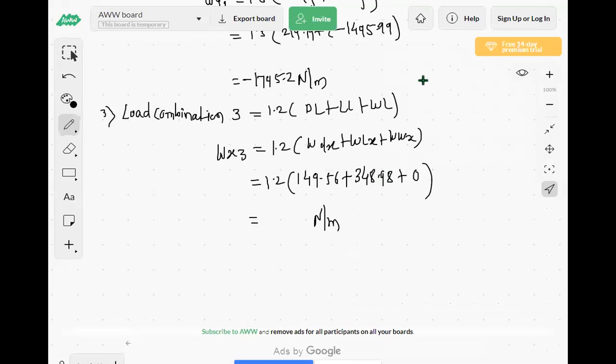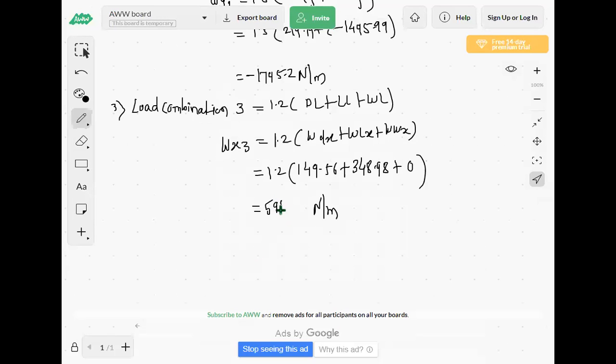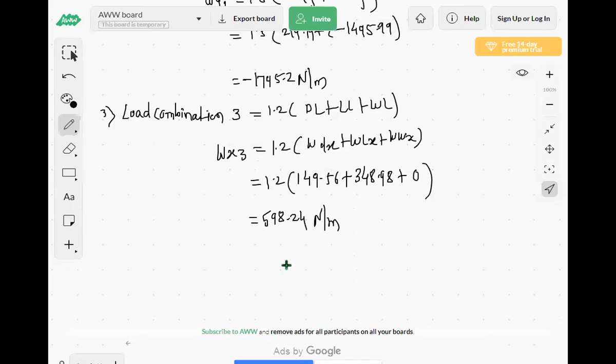Priyanka, check your answer. Sadiq has given 595 and Swapnil has given 598. Please check. Yes, correct, 598.24. So 598.24 Newton per meter is the X component load due to the third load combination.